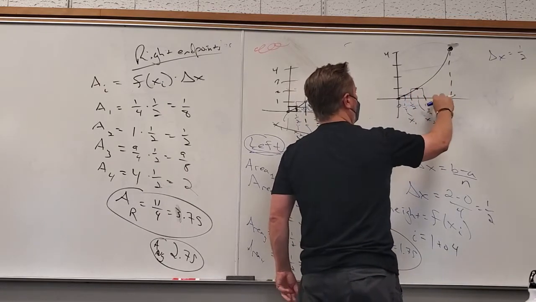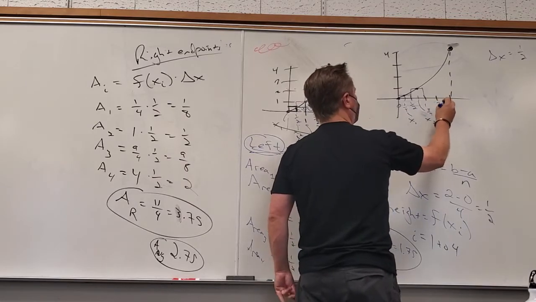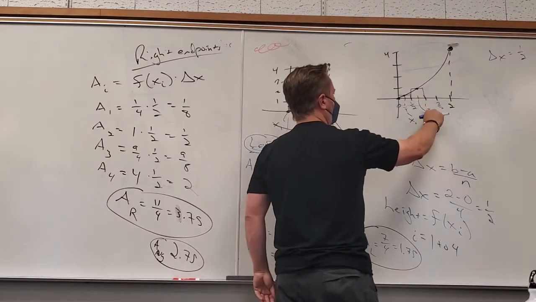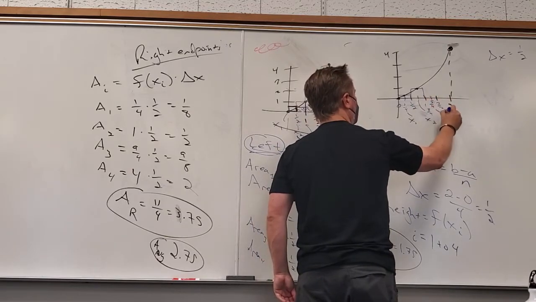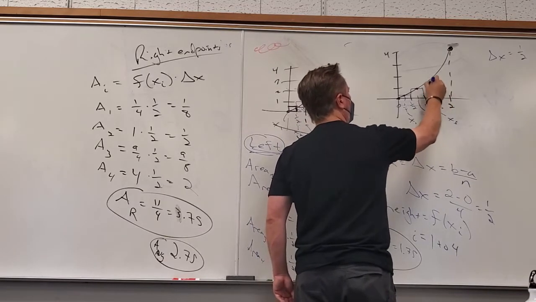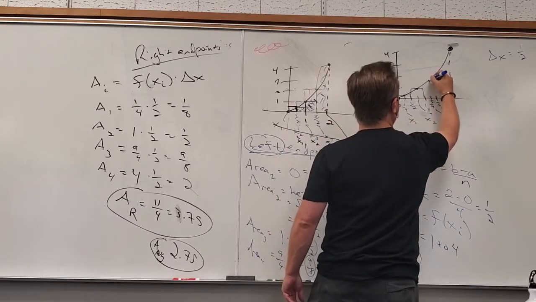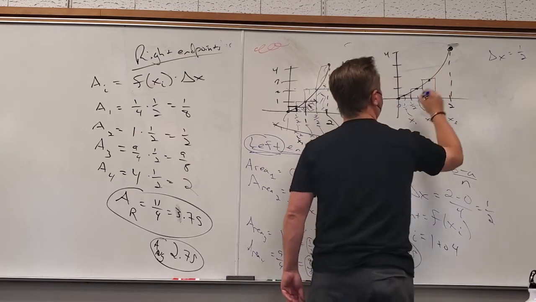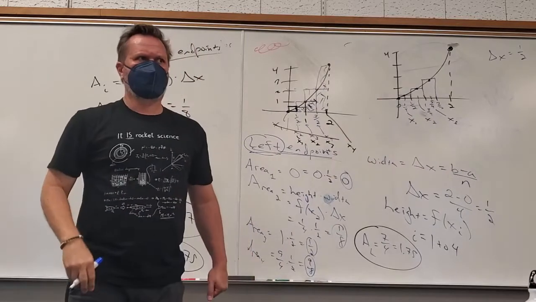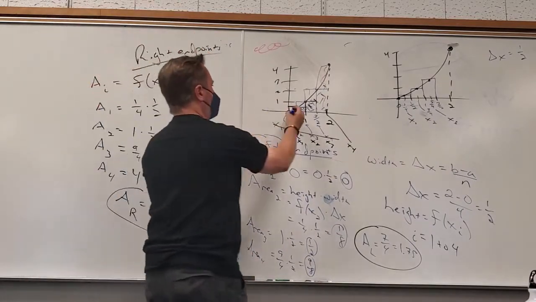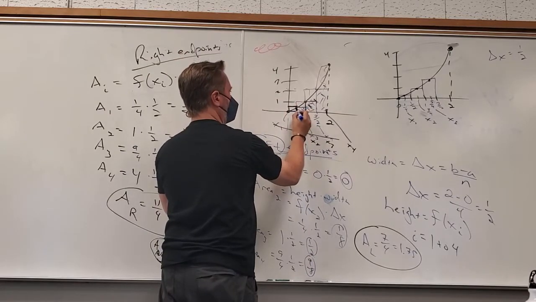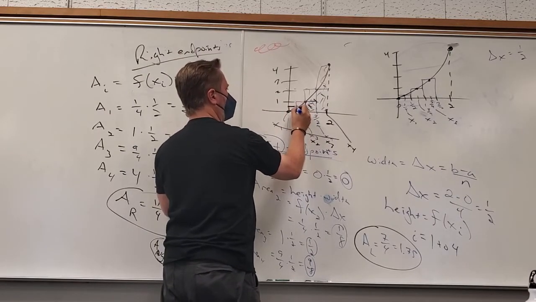And then from 1 to 3/2. So you can do 1/4, 2/4, 3/4, 4/4, so this is going to be 5/4, that's x3. So about right here. That's how tall that rectangle is going to be. How do you draw the rectangle? If you're using left endpoints, you go up to the height of the left.